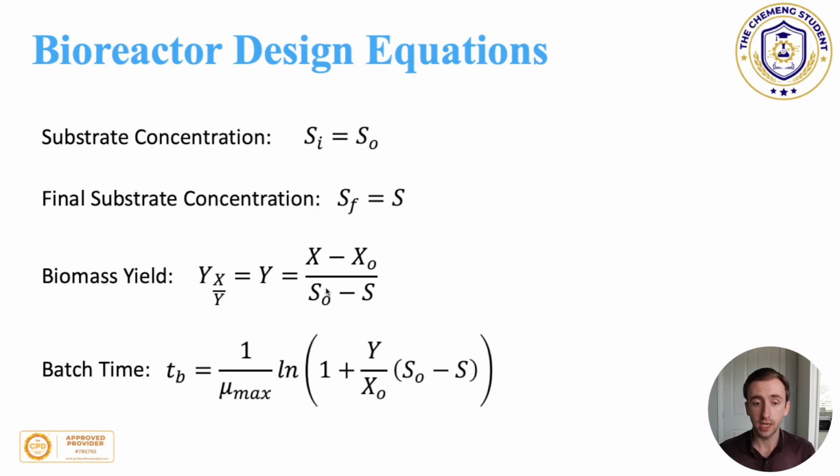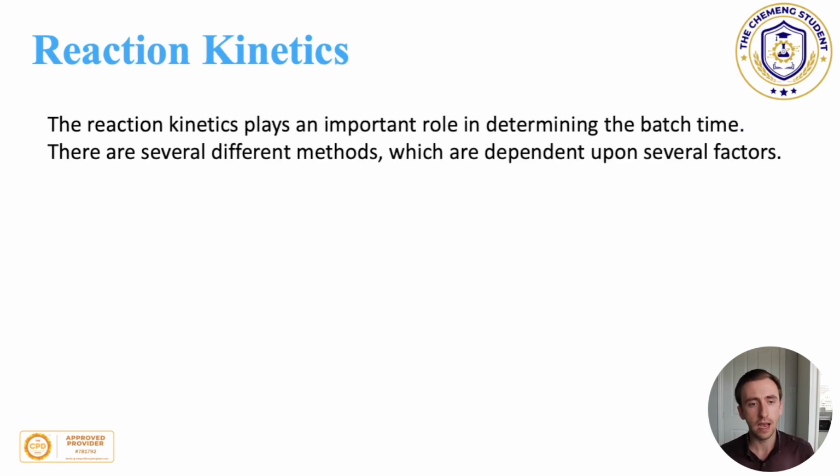And then the batch time is given by tB is equal to 1 over the maximum growth rate, the log of 1 plus the biomass yield divided by the initial concentration multiplied by the change in the substrate concentration. Now this equation is really important, and it's based on this idea of the reaction kinetics.